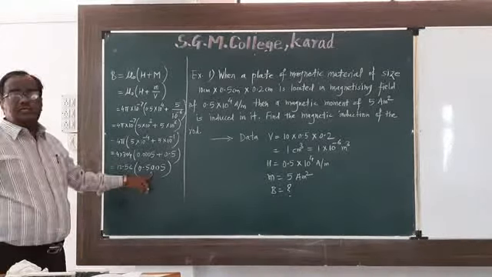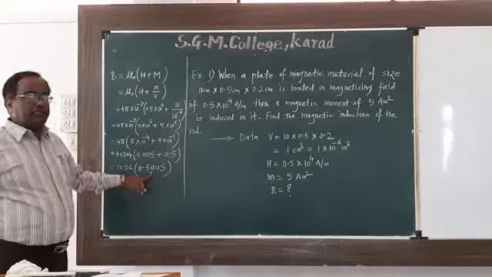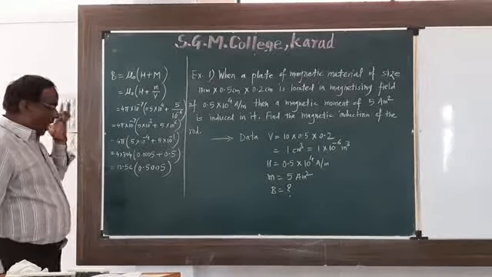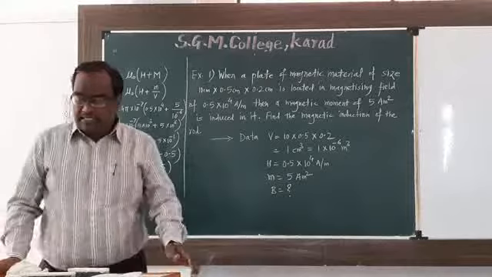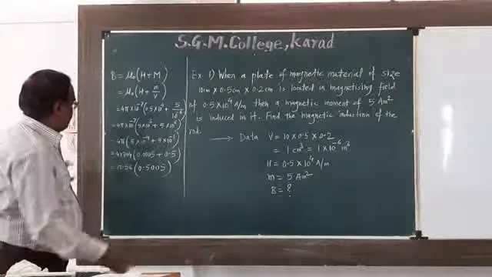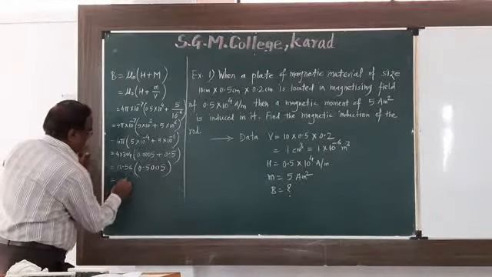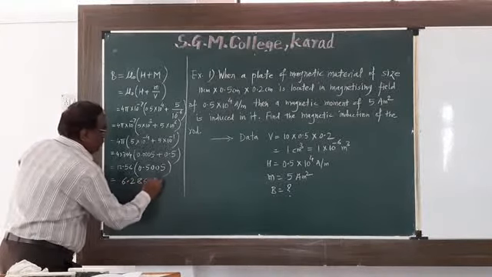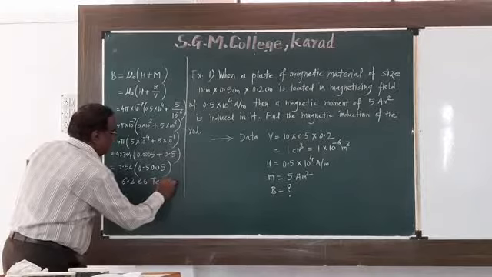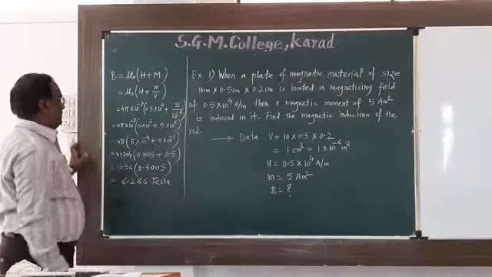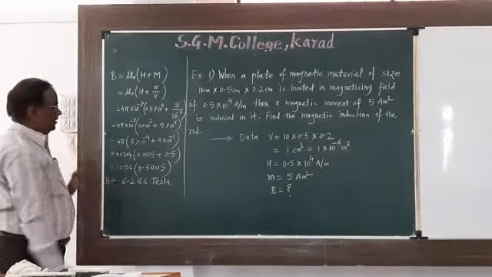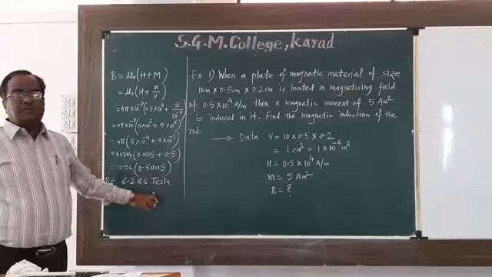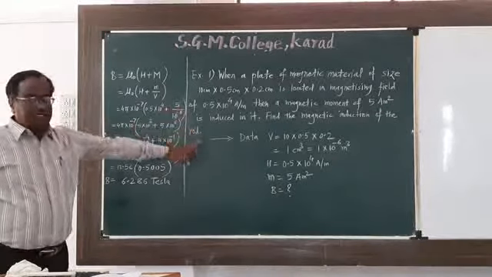This multiplication is solved by using a logarithmic table, and we get the answer as 6.286. And the unit of magnetic induction is tesla. This is the final answer of this example.